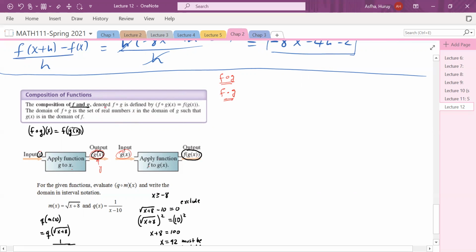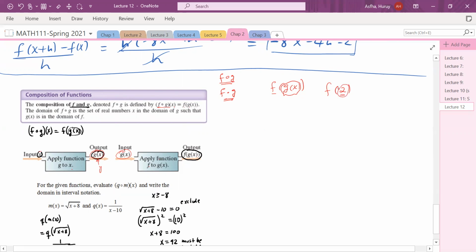So f o g is defined by f of g of x. Now, when we say f of g of x, we have f evaluated at x equals g of x. We know how to evaluate this, for example, right? For any function f, we know how to evaluate it at x equals 2, for example.